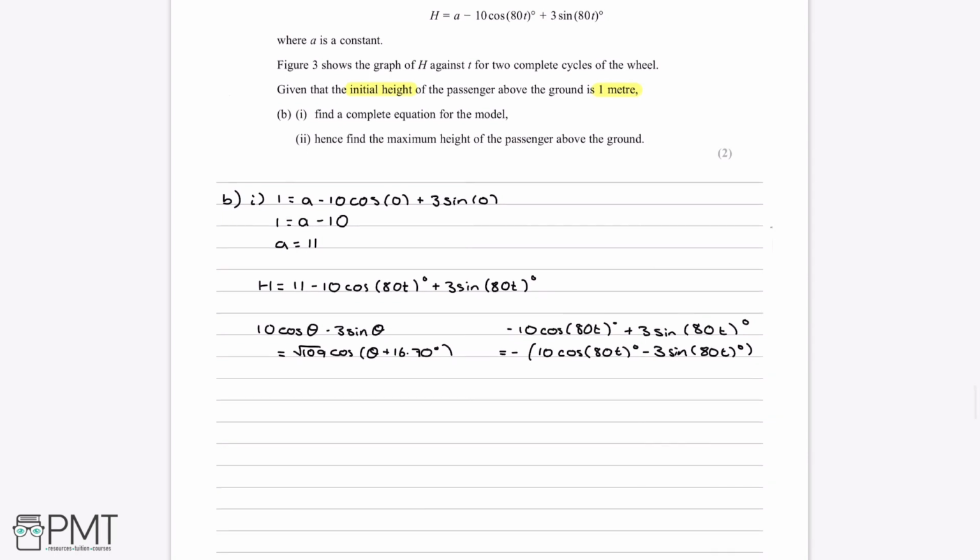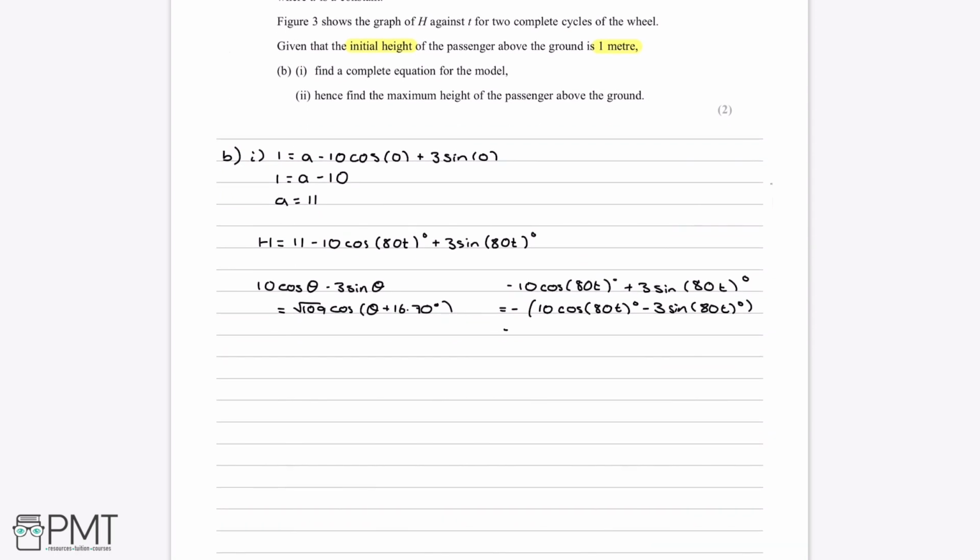But this means that we can write this in exactly the same format as we did for part A, just replacing theta with 80t. So we can write this in this form, still keeping the minus sign on the outside, so we're multiplying this whole thing by minus 1, which just makes negative root 109 cos, and then it's 80t instead of theta, plus 16.70 degrees.